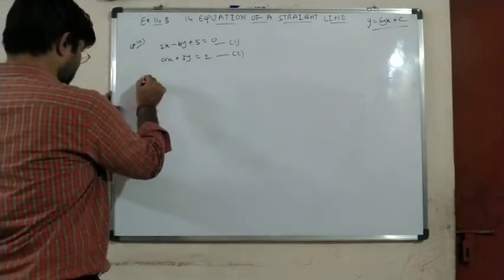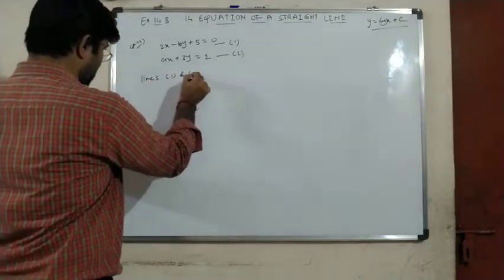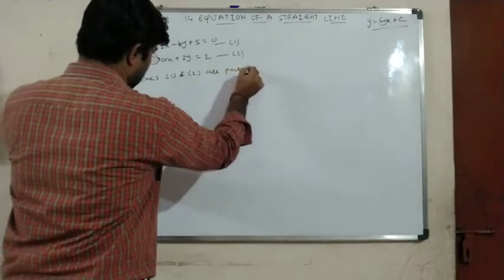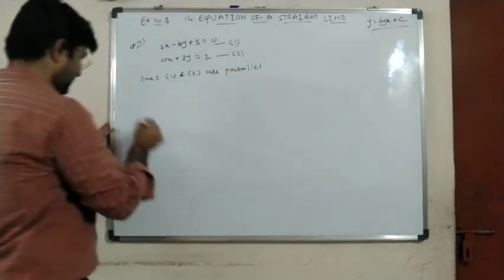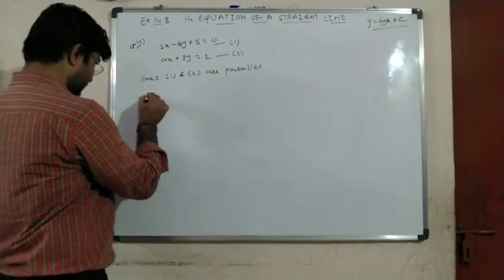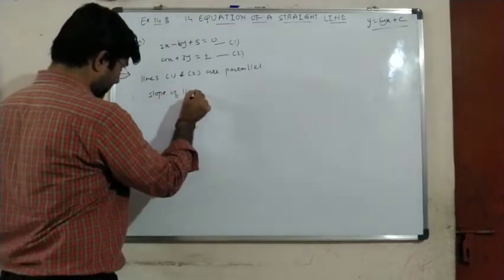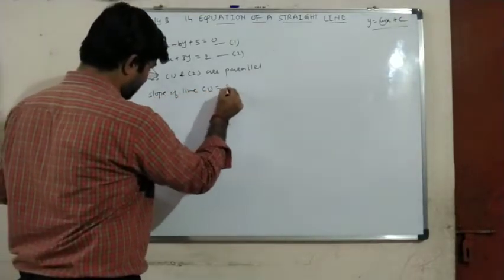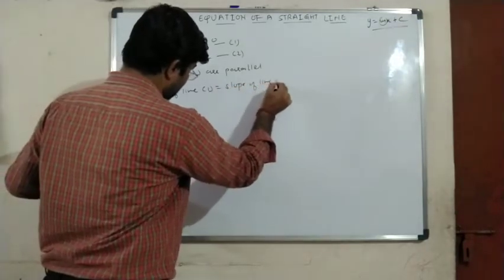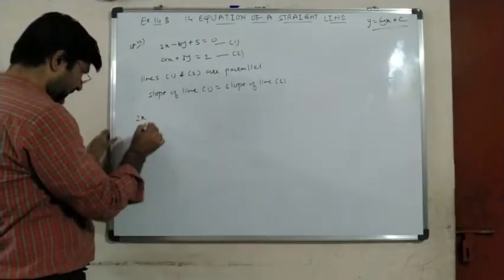It is given that lines 1 and 2 are parallel, and therefore their slopes will be equal. Clear? And therefore slope of line 1 will be equal to slope of line 2. Okay, now let us find out the slope of line 1.